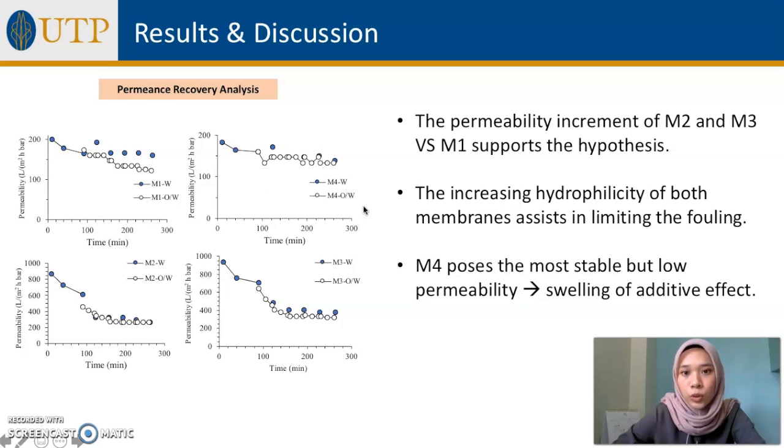While M4 shows the most stable permeability rate against fouling, where the permeability was almost constant after the second cycle. So this also supports the argument on the swelling effect on this membrane. Compared to M1, this membrane shows a significant decline of permeability due to its hydrophobic properties.